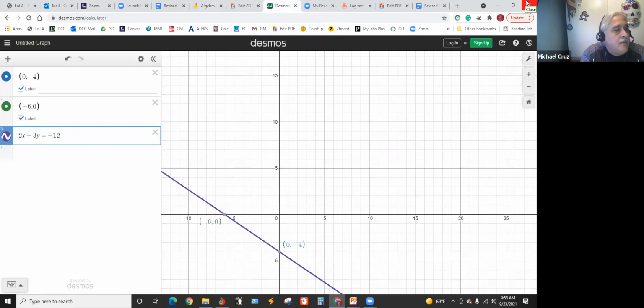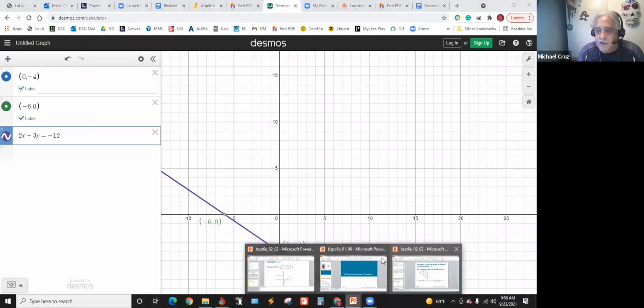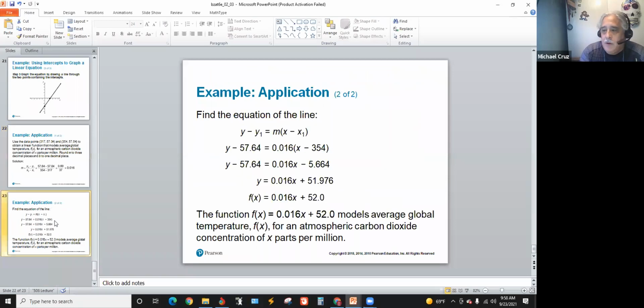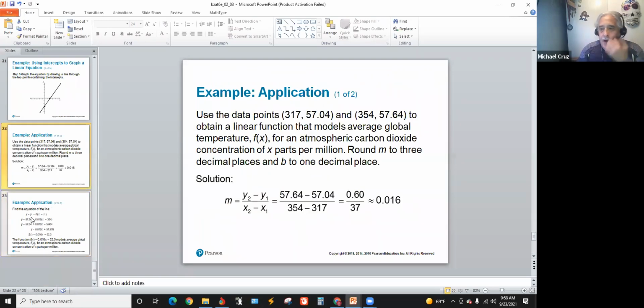All right, so let's look at this last little thing. It's an application, and like I said, that's the one thing in this section they want us to concentrate on. They're using data points, and oftentimes in real life, points and equations aren't going to be perfect whole numbers.